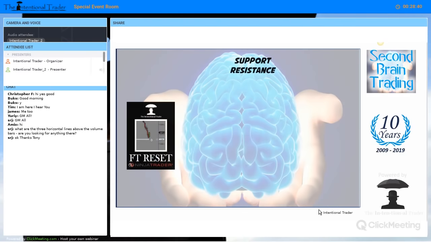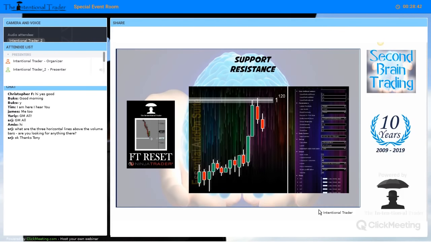All right, now support and resistance is one of those things that you can't trade without because everybody else is looking at it. Areas of strong support and resistance are going to cause price to pause, pull back, retrace before it either reverses or continues on.